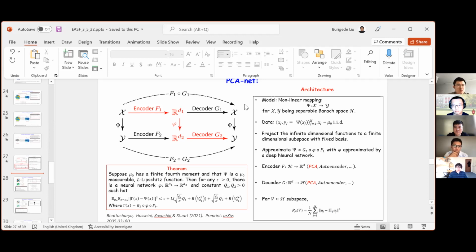But you don't need to retrain your network. I see. So if you have a denser mesh, what you can do is some sort of interpolation, so that you can fix the basis of the PCA. Yeah, sort of that, and then you can use the same neural network for that.